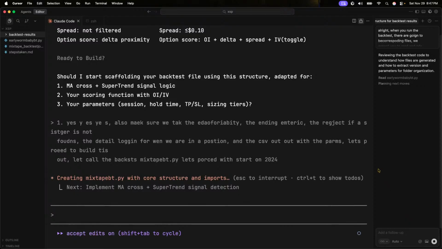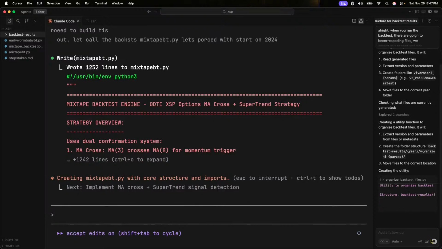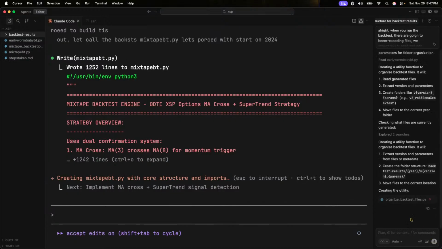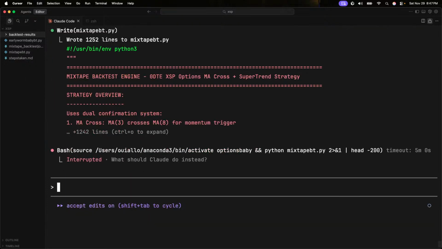Oh shit, it's reading the wrong backtest. Oh crap. No, see, now you're doing the most. All right, perfect. Now what I'm going to do, two things. You're not going to run. Before, we need a few things.